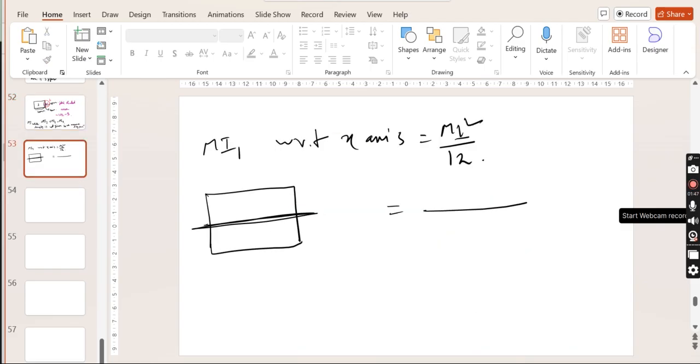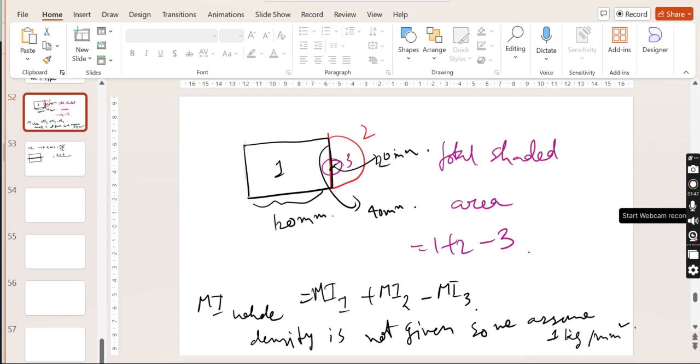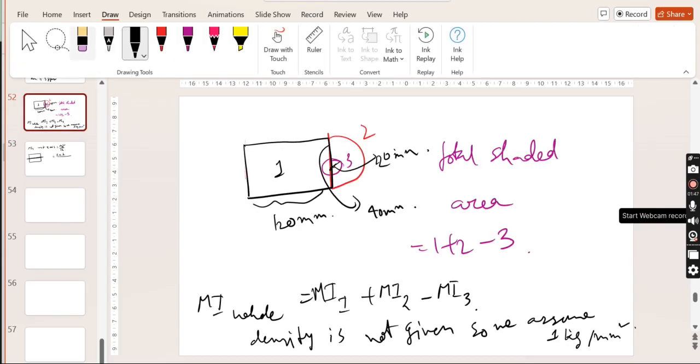Here it would be density into A into B into L. So we are measuring this with the x-axis, so L will be 80 millimeter.